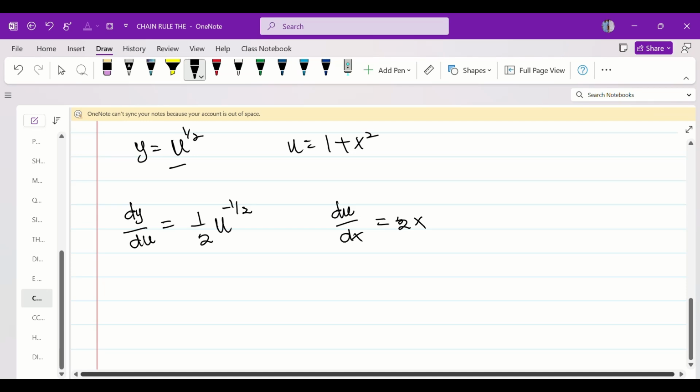Because when you differentiate a constant, you get 0. So when you differentiate 1, you get 0, and when you differentiate x squared, you get 2x.